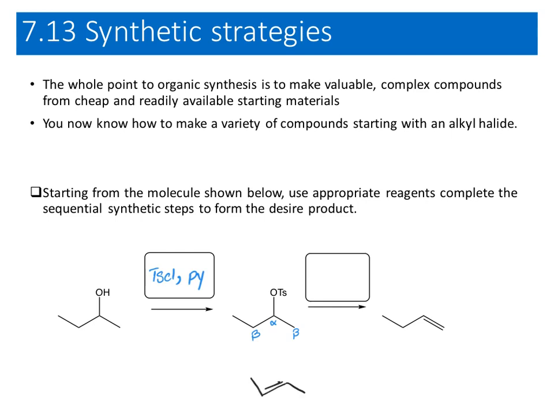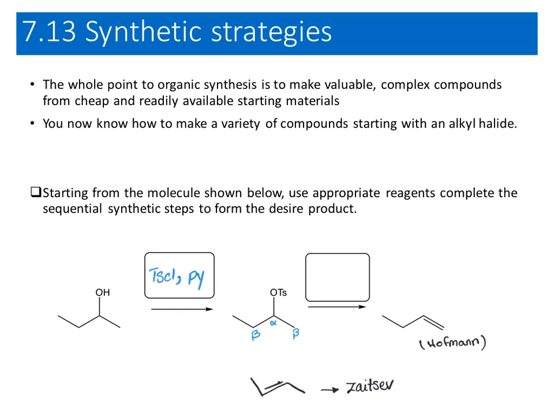Okay, but if elimination happens over this carbon, I'm gonna make this product. Now this product is the more substituted product, so it's a Zaitsev product. However, this one is a Hoffman product because it is less substituted.